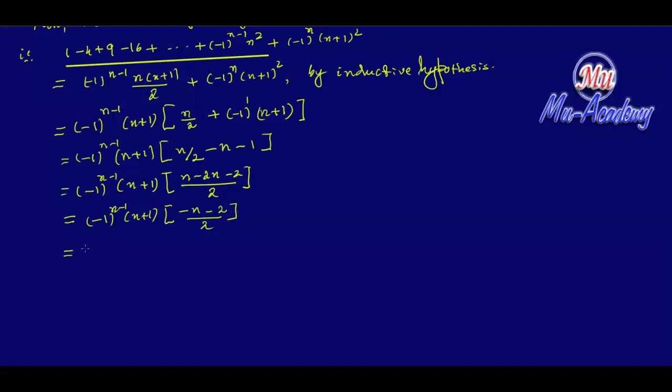And this I can write down as minus 1 raised to n minus 1 n plus 1 into minus 1 raised to 1 into n plus 2 by 2, because minus outside the bracket can be written as minus 1 raised to 1.